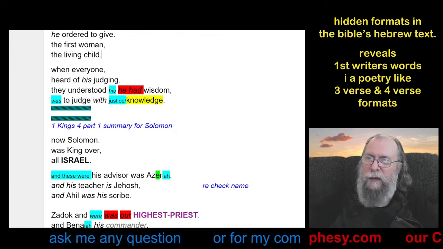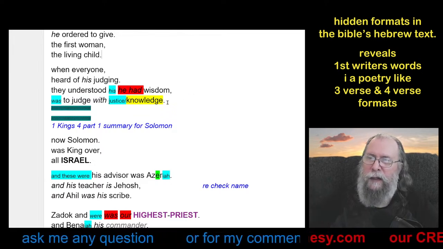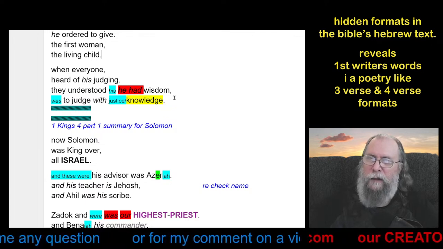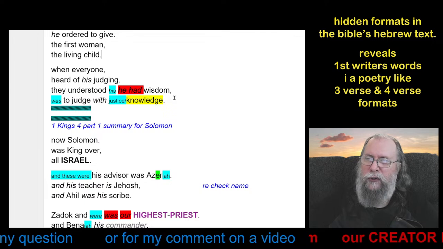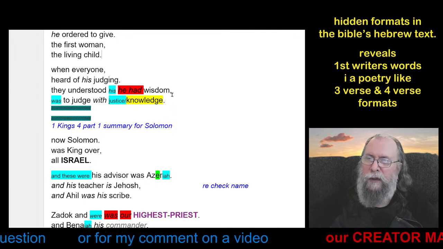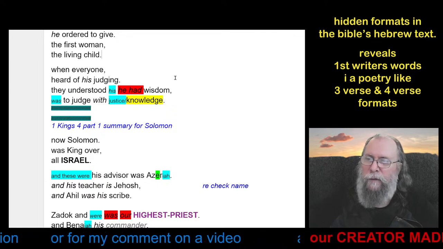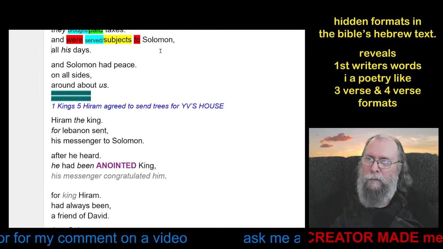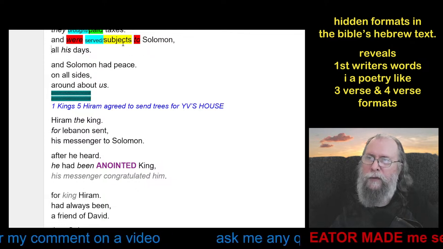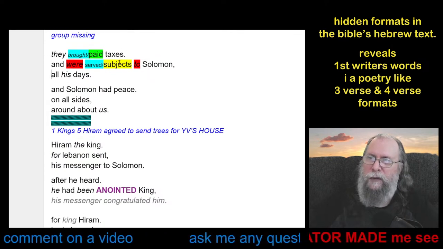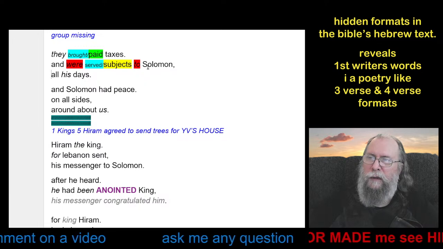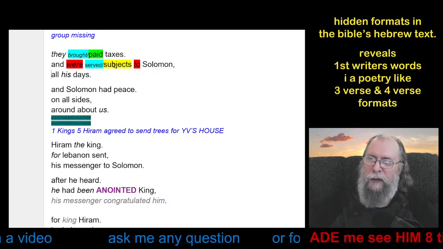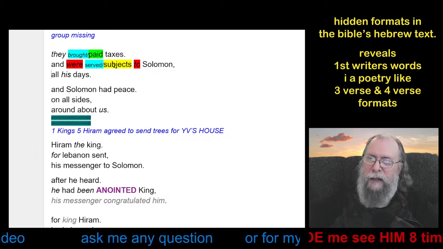These verses have got to be connected together to continue saying the same thing without changing the subject in this grouping. Served, I said there's subjects now to Solomon, because they really just didn't serve. They had to be directly tied to the king.